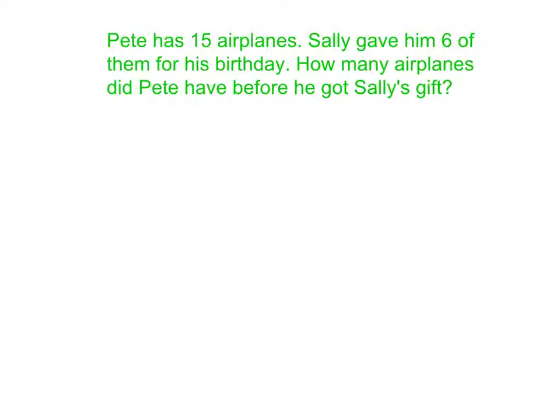We start with the questions, who or what's involved. We know Pete's involved. Sally's involved, but we aren't keeping track of her airplanes, so we aren't going to write Sally's name down. I noticed that there's only one pile of stuff, Pete's airplanes, so I'm just going to draw one bar.